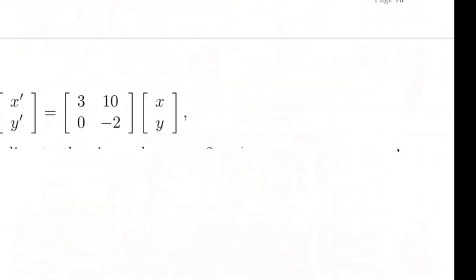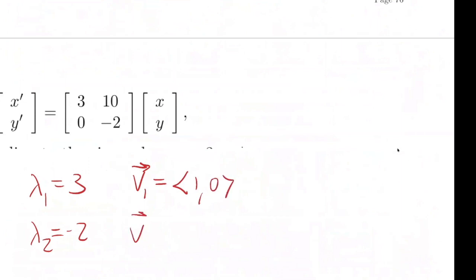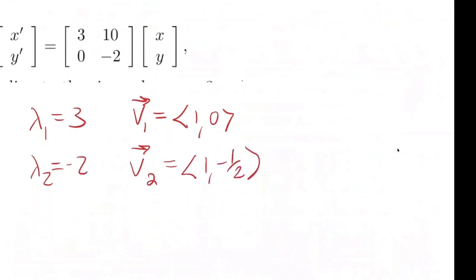And in the course of solving this, we got lambda 1 was 3, lambda 2 was -2, one eigenvector was (1, 0), another eigenvector for this one was (1, -1/2). And this just gives me an alternate way of writing out the general solution, in what's called vector form.